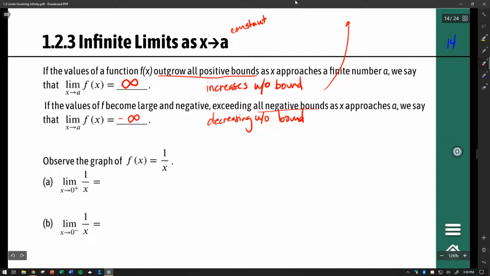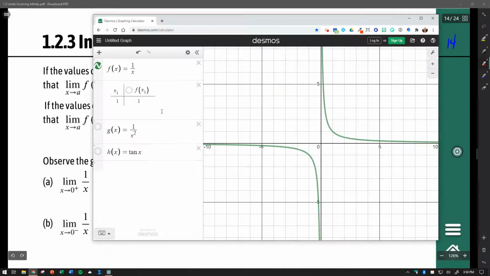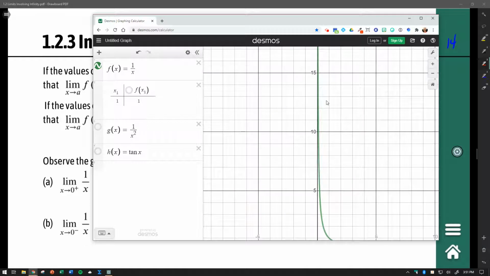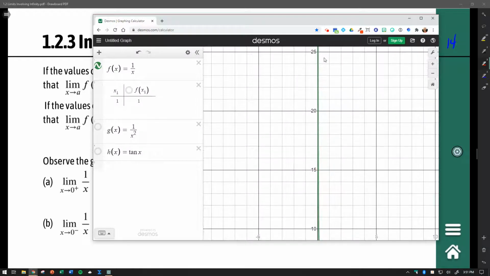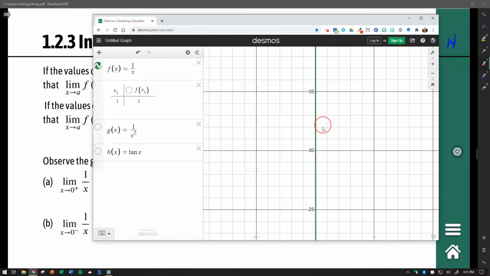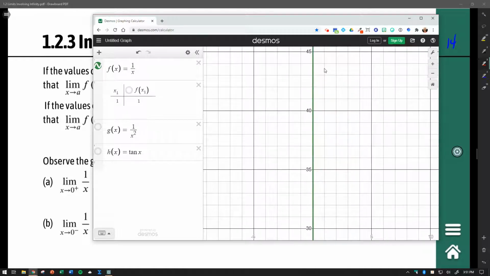So let's take a look at the graph of f of x equals 1 over x, and we want to think about what's going on as x approaches 0 from the right and as x approaches 0 from the left. So over to Desmos, here's 1 over x. As we approach 0 from the right, the graph of f of x is increasing without bound. It just keeps growing and growing, and this is never going to level off.